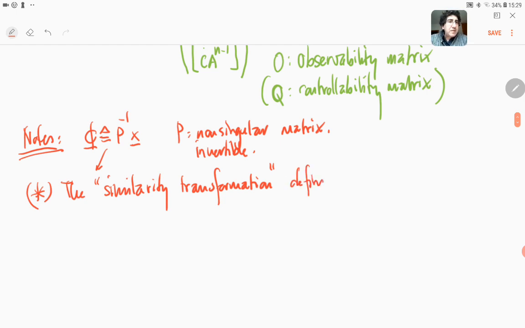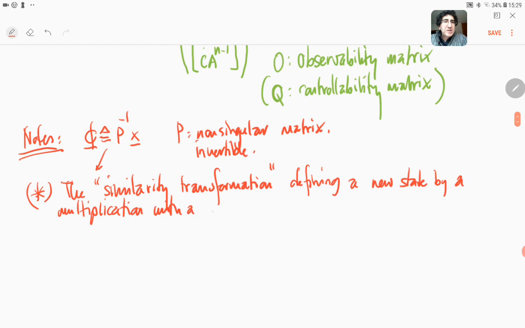Defining a new state by using new states by a multiplication with a non-singular matrix, let's again define this state as P to the power minus 1.